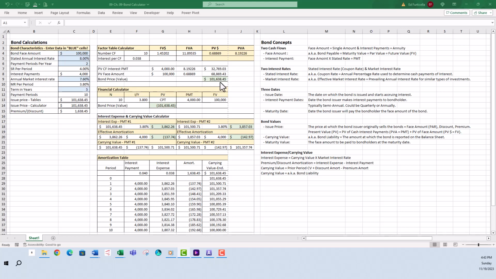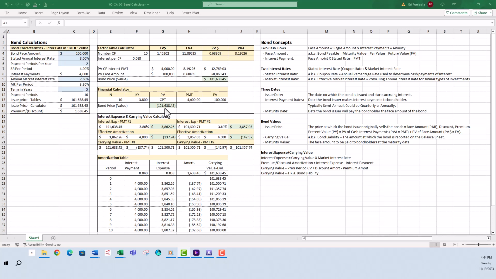$101,638.45. Using a financial calculator, we can determine the value of the bond by putting 10 in the N register, 3.8 in the IY register, 4,000 in the PMT register, and 100,000 in the FV register. By pressing the Compute PV key, we get a present value of $101,638.45.